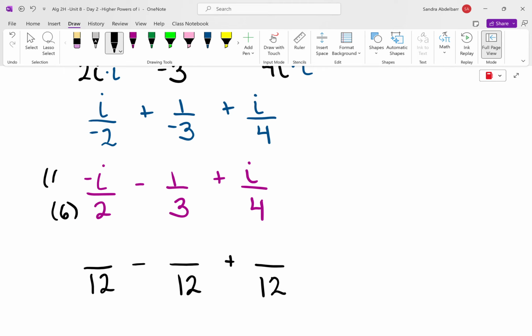So for the first fraction, I'm going to multiply top and bottom by 6. The second one, I'll multiply numerator and denominator by 4. And the third one will multiply numerator and denominator by 3. So then we end up with -6i, 4, and 3i.